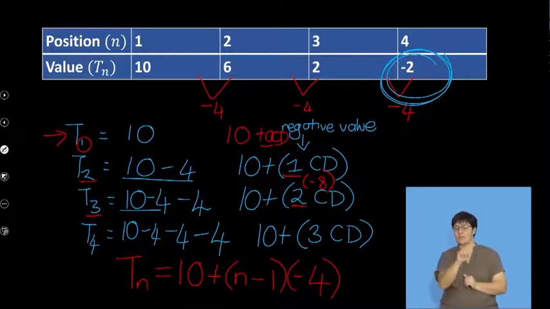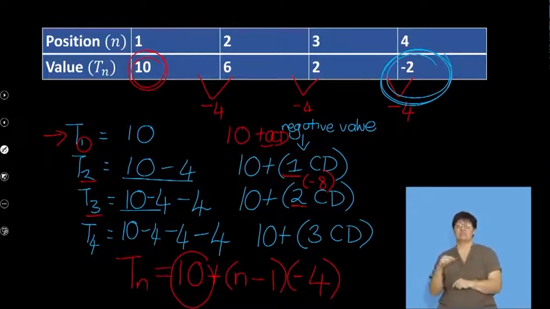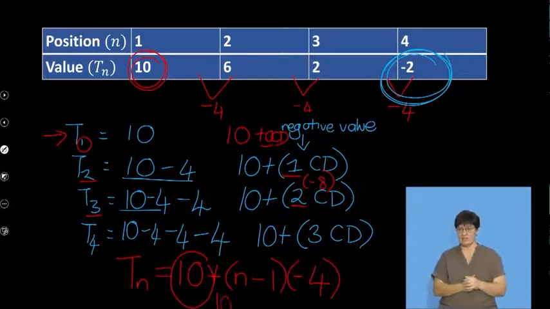What this means is that the value of each term was found by taking 10, which is the value of my first term, and adding 1 less than the term value times negative 4, which is my common difference. So if I want to simplify this, I'm going to have 10 minus 4n plus 4.